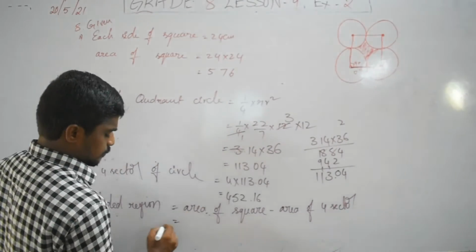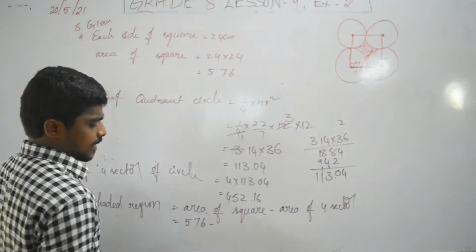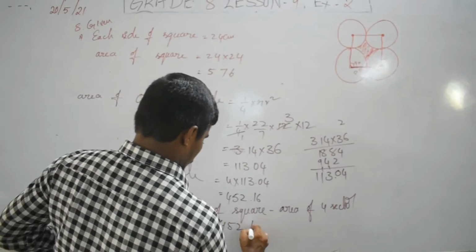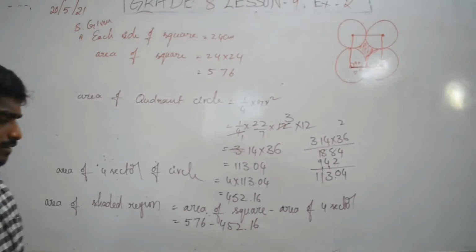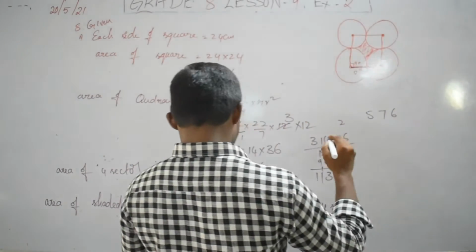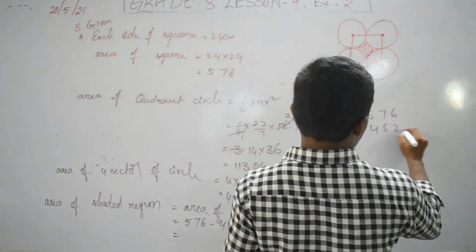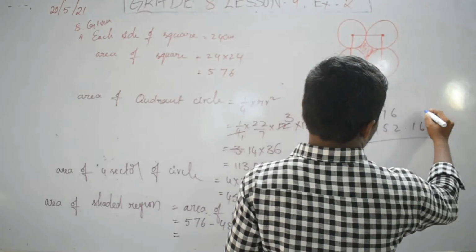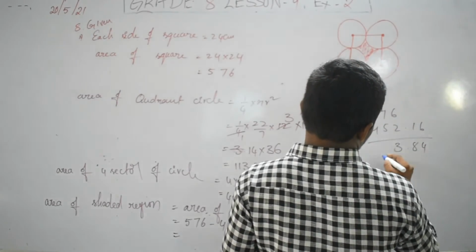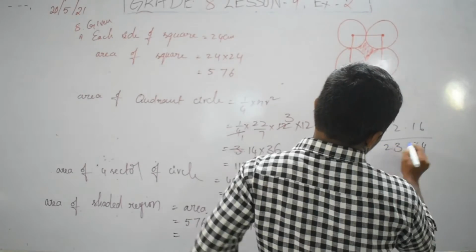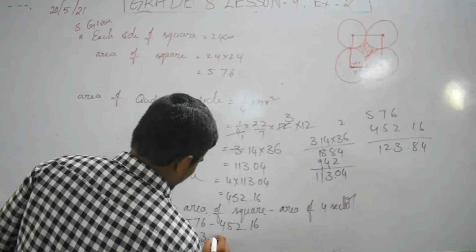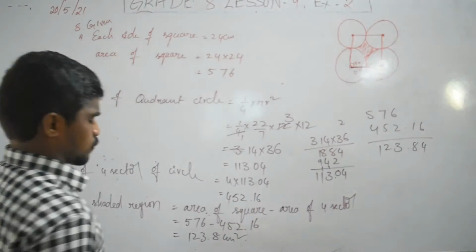Here the area of the square is 576 minus the area of the sectors, 452.16. So the answer is 123.84 centimeters square.